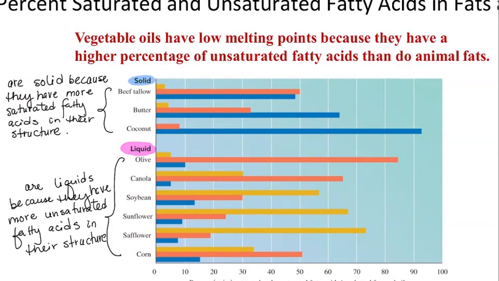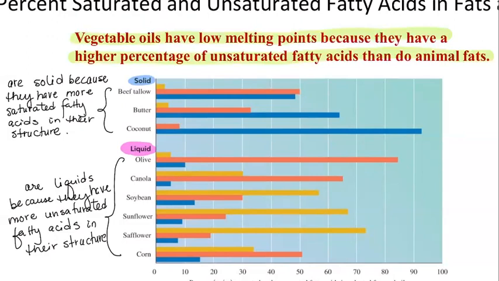As you can see, the trend is that vegetable oils have low melting points when compared to things that have more saturated fatty acids, simply because they have more unsaturated fatty acids in their structure.